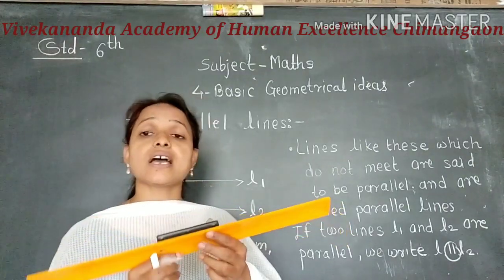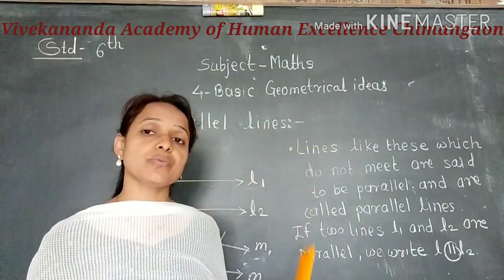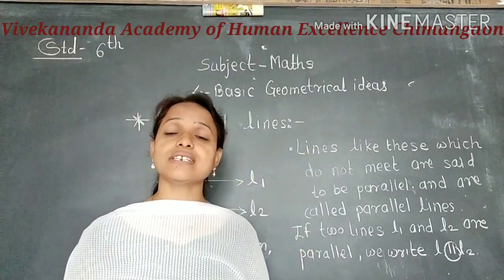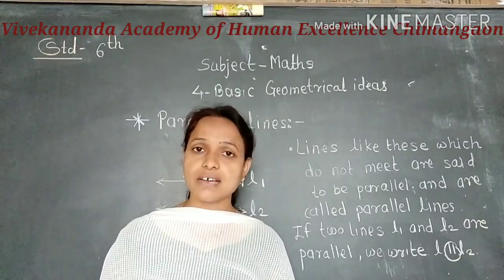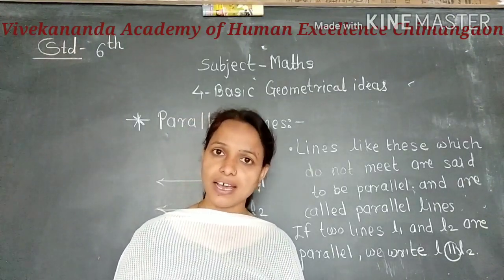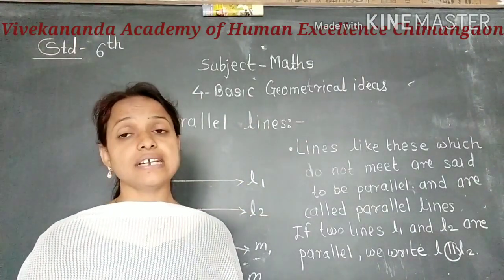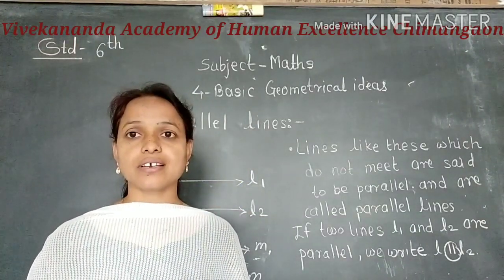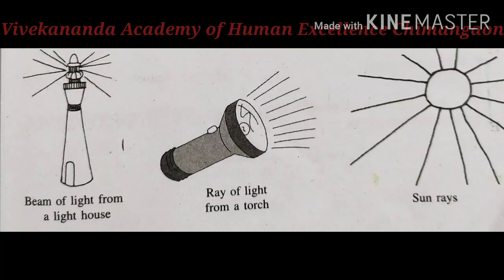As well as opposite edges of the blackboard, opposite edges of your notebook, opposite edges of your window. So these are examples of parallel lines. In this way, you observe so many examples of parallel lines daily in your surroundings.